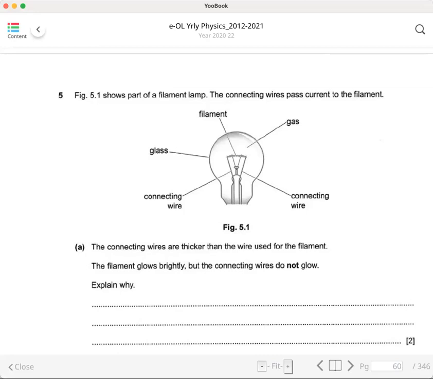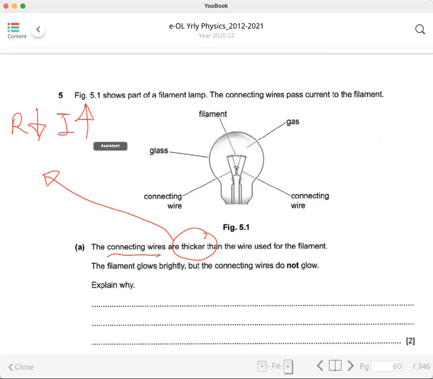Okay, Oscar, incorrect. Let me explain this question to you. First of all, you can say that the connecting wire is thicker. Thicker means resistance comes down, and your current goes up.